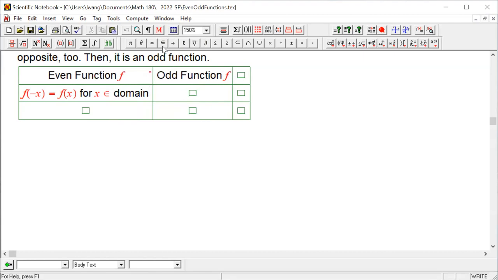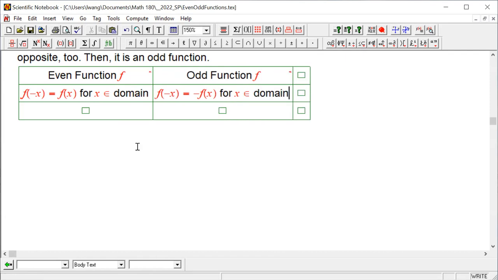Odd function, okay? F of negative X is equal to negative of F of X for all X in the domain.